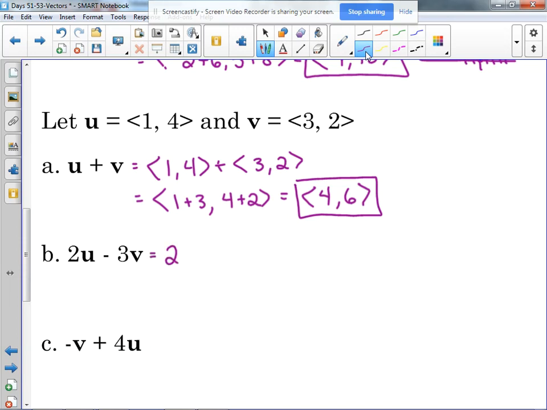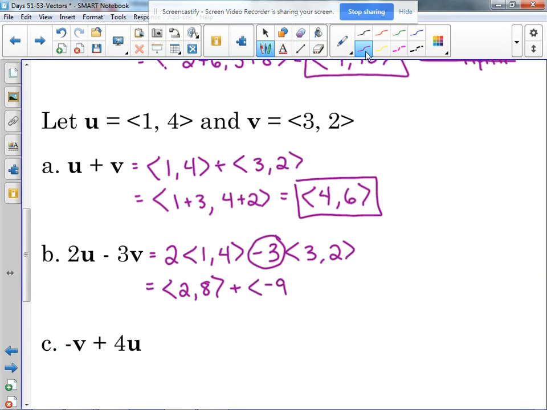Okay, 2 times u minus 3 times v. Apply the scalar multiple first to get 2, 8. Just like with regular numbers, go ahead and treat that as a negative 3. So negative 9, negative 6, and it turns into addition if you distribute the negative 3.